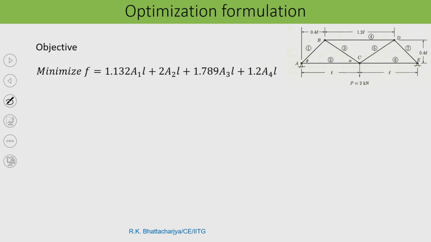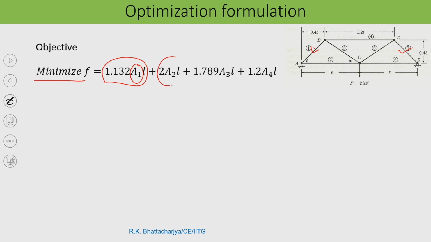Now, let us see what the objective function is. The objective function, as I said, is the minimization of the material cost. So, what is your material cost? The material cost of this whole structure. A1 is this member and this member. So, the total length of the A1 member is 1.132 L, into cross sectional area will give you the volume, the material you need for the A1 and A7 members.